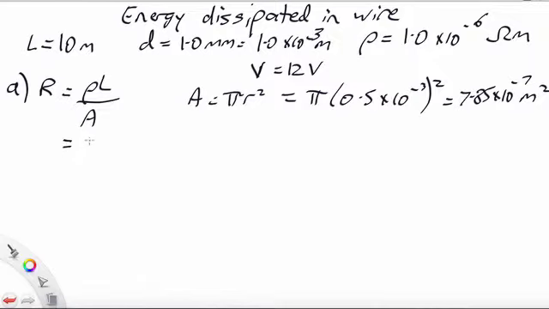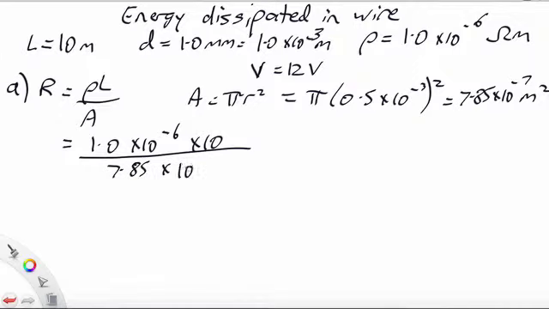So resistance is 1 by 10 to the minus 6 times 10 over 7.85 by 10 to the minus 7, and that is 12.7 ohms.